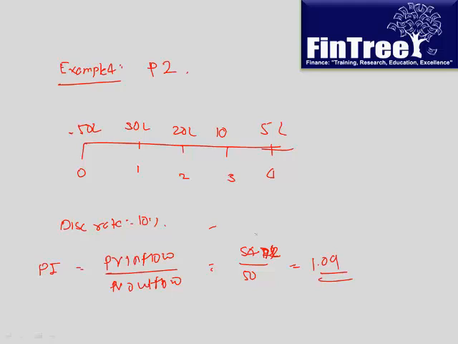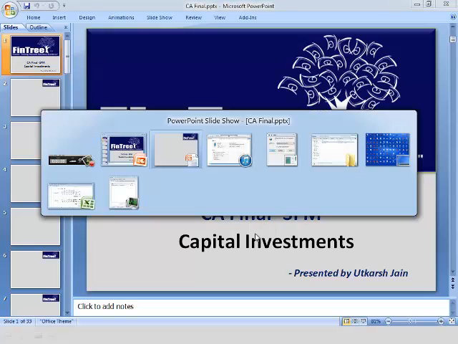Memory recall. So that's your present value of inflows, divided by 50. Are we okay here? Alright, so on the basic front we've done most of the part.